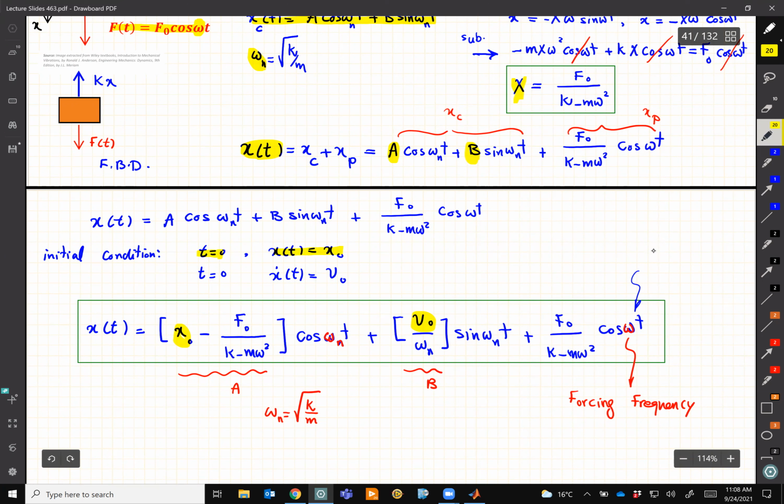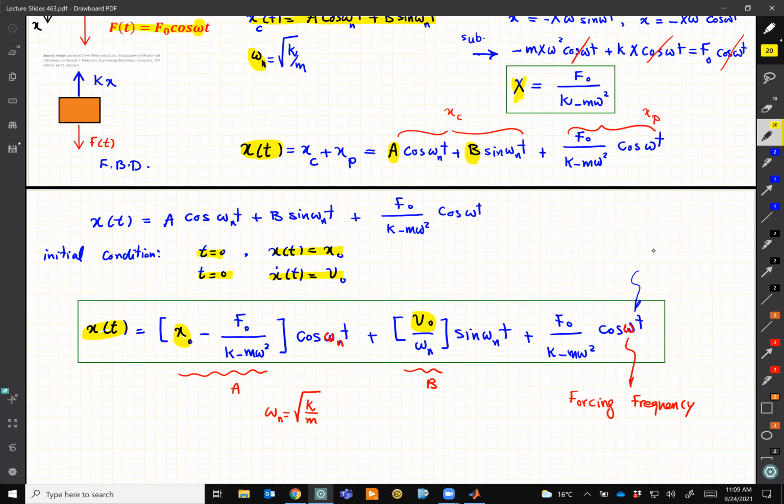Let's see, x(t) is a number, x0, and I solve this equation. I do the same for the x dot. I ended up finding A and B, which is this long form for x(t). This is what we found last time, right? We said the equation of motion for this system is this long form.